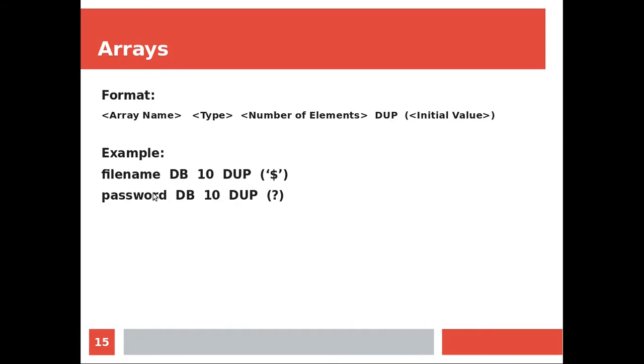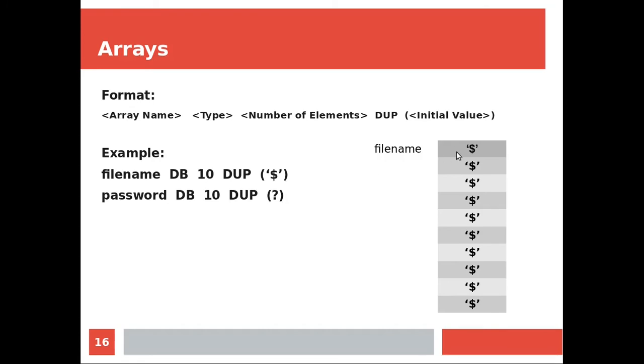Example, filename, this is our array name, db, a 1 byte array, then how many elements? It is 10 elements. Dup indicates an array, then the initial value is $. So that will create a byte array with 10 elements and all are initialized with dollar.